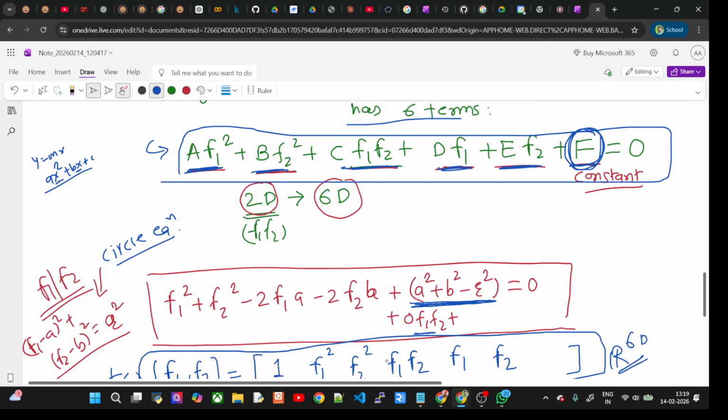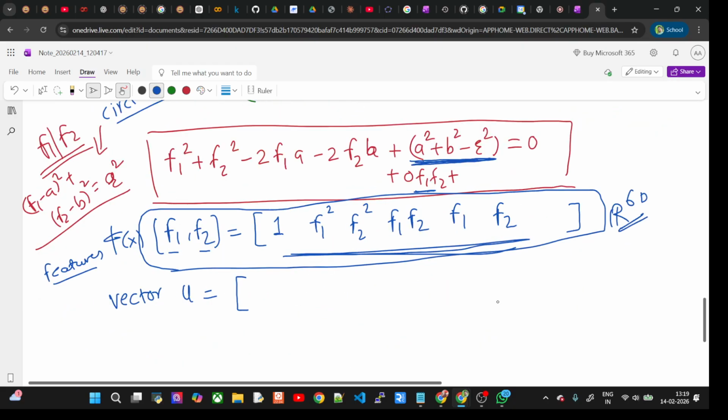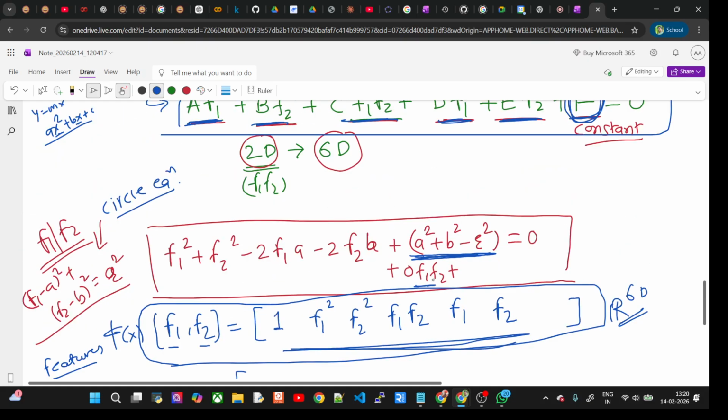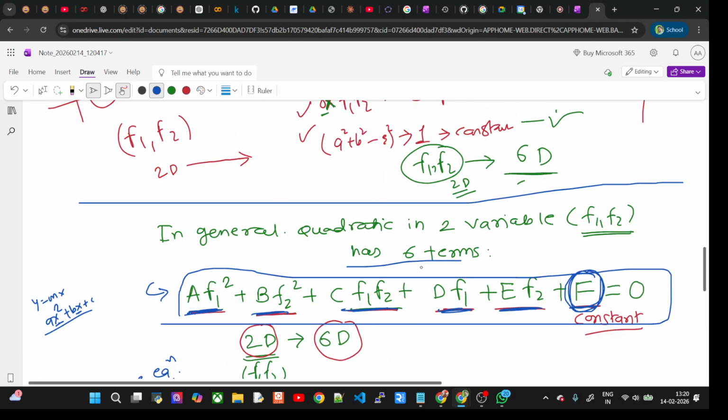Then f1 square, f2 square, f1 f2, f1 and f2. This is called the feature map. So on this feature map, you are trying to get this equation, equation number this.